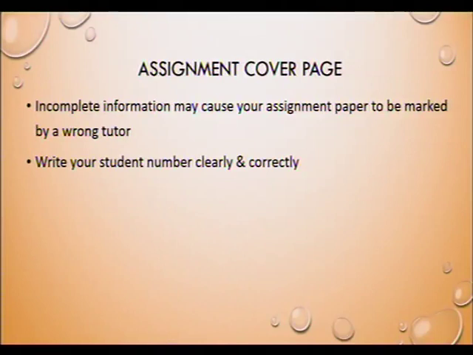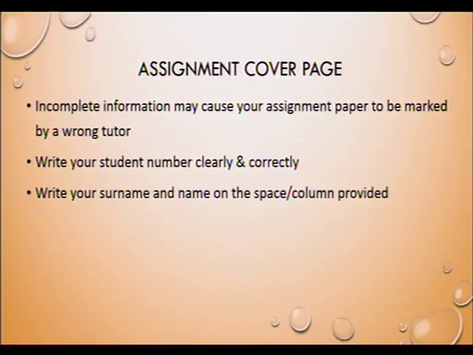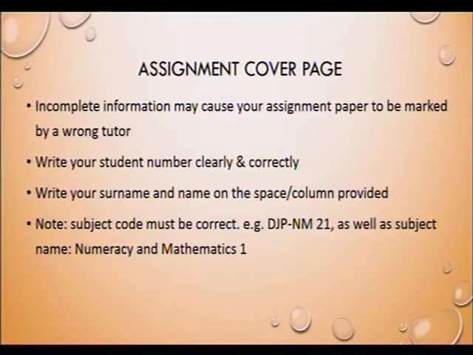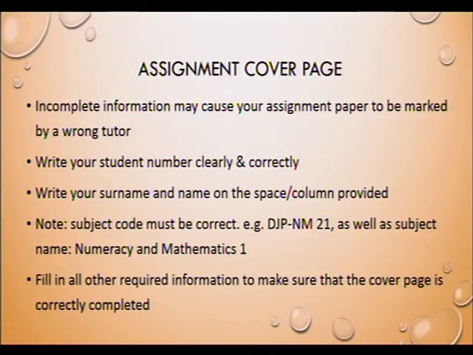Write your student number clearly and correctly. Write your surname and name on the space or the column provided. Note, the subject code must be correct, for example, DJP, NM21, as well as the subject name, numeracy and mathematics 1. Fill in all other required information to make sure that the cover page is correctly completed.